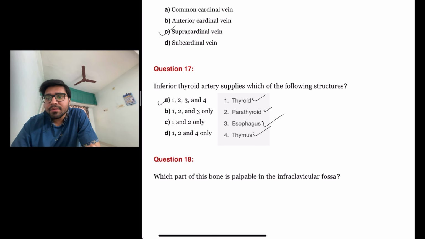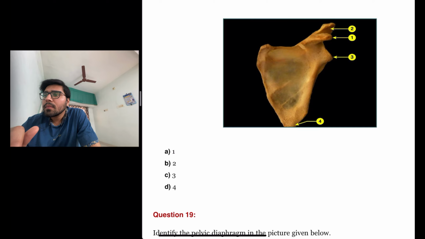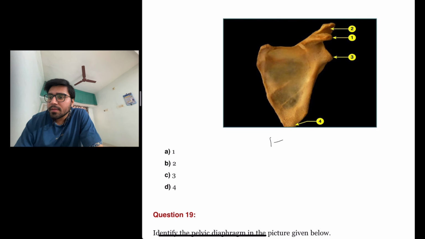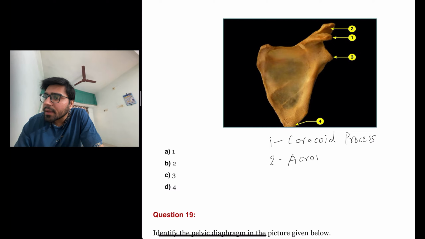The next question is, which part of this bone is palpable in the infraclavicular fossa? So let us label first of all these four parts. The first one is coracoid process. The second one is acromion process.